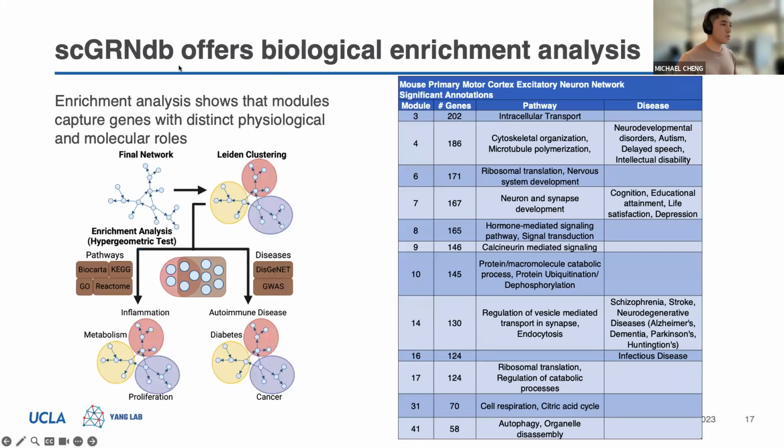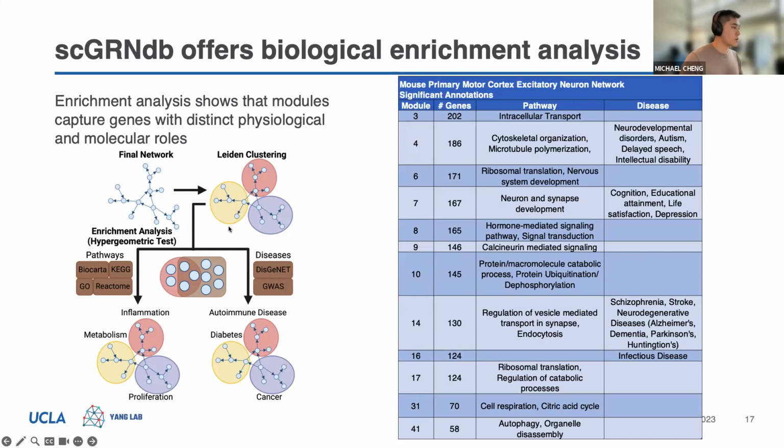So our plan with scGRNdb is not just to host these cell type networks, but also to provide analytical tools. One of these types of tools is understanding the network topology. One way we can do this is by what we call module annotation or community detection within a network. Essentially, with our final network from scGRN, we can perform another leading clustering to identify highly connected subnetworks.